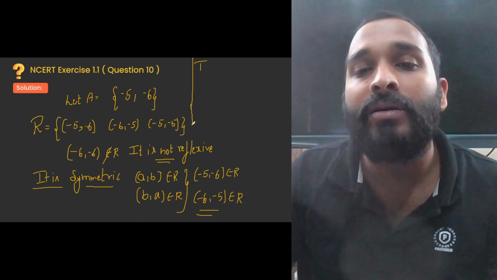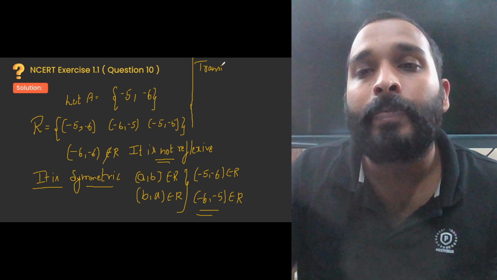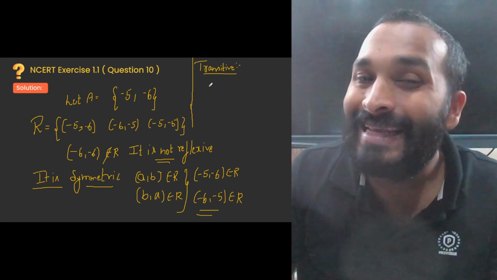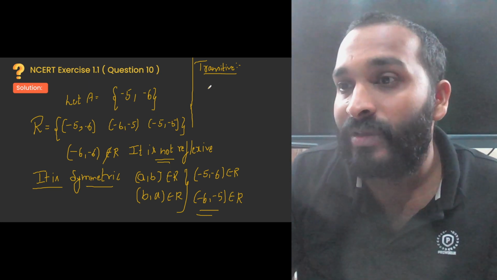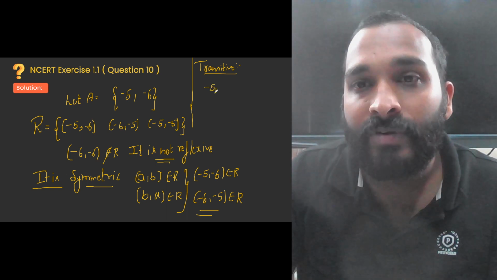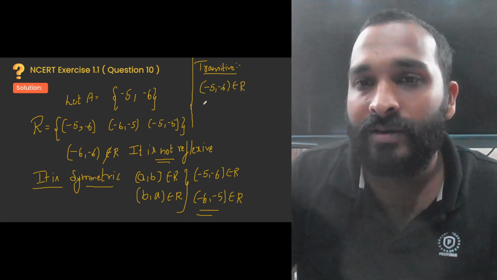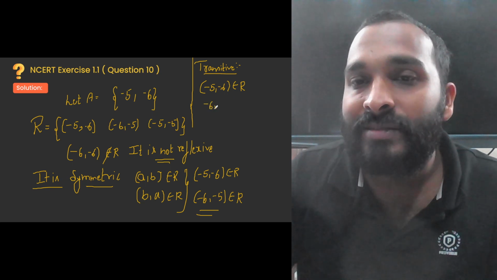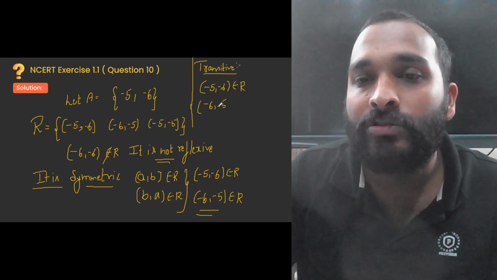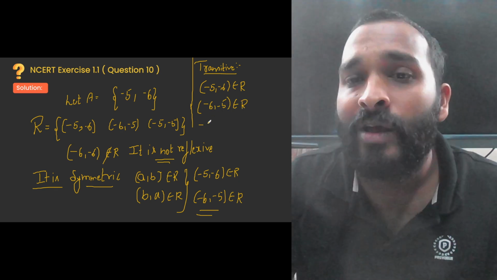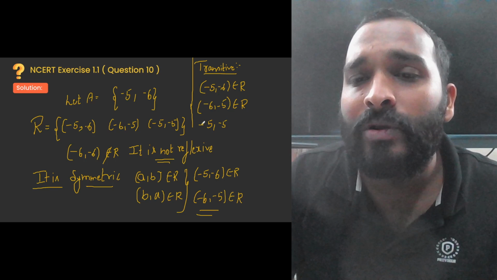Now tell me about transitive, children. What happens here? Is this relation transitive? Yes. Now if you try to understand, it is transitive. The reason is, just observe here, (-5, -6) belongs to R, and (-6, -5) also belongs to R. After that, you also have (-5, -5), which belongs to R. Correct?